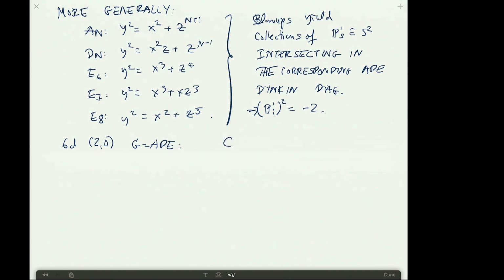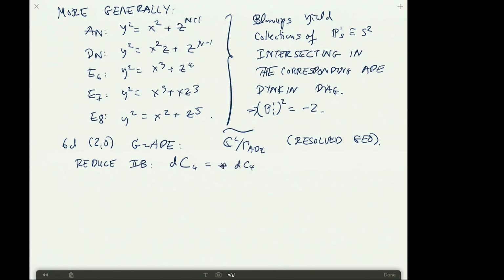So we have C2 mod Gamma_ADE. Right, so this is the resolved one. And now we can reduce to, in particular, the C4, which has the self-duality star DC4 in 10 dimensions.